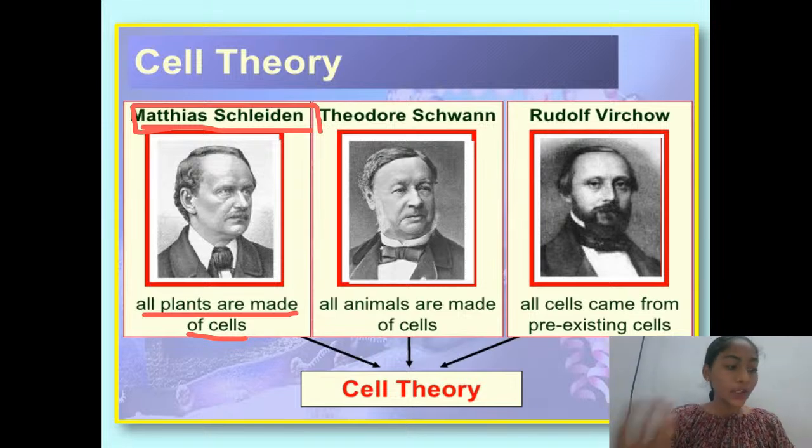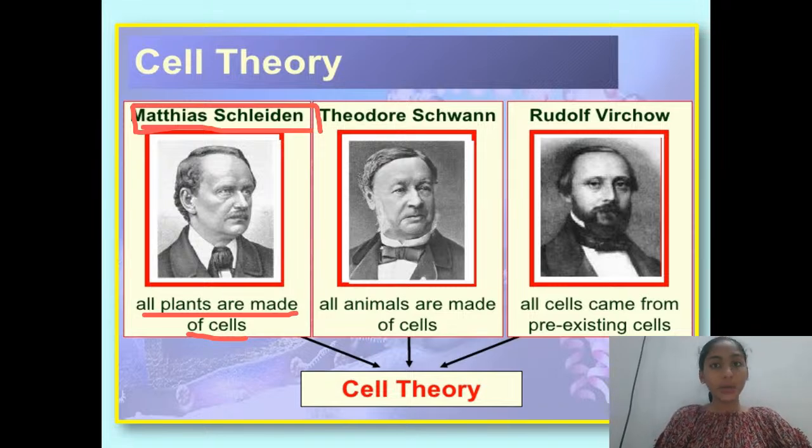But he didn't say in which organism and how they are present. But Matthias Schleiden gave a theory that all plants are made up of cells. Okay? Understood, Kriti? Yes. Theodor Schwann is another scientist who gave the theory that all animals are made up of cells.